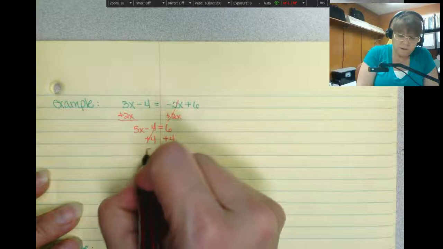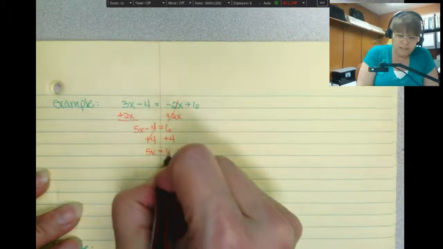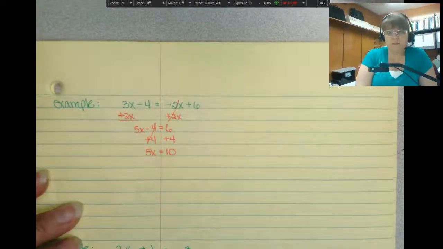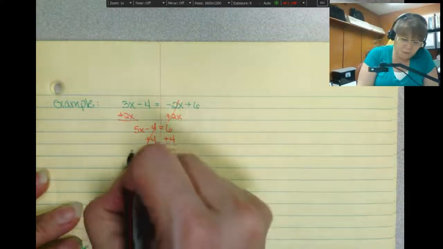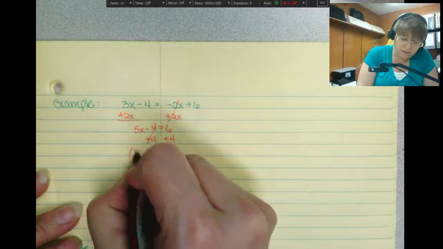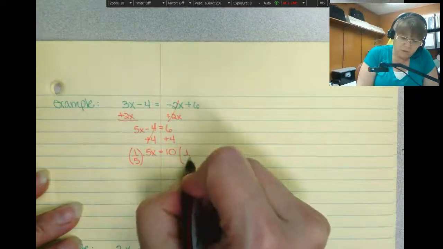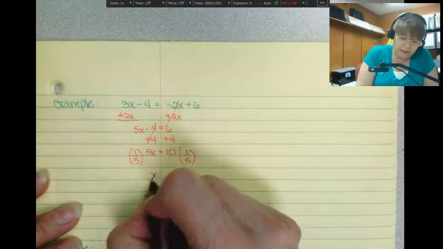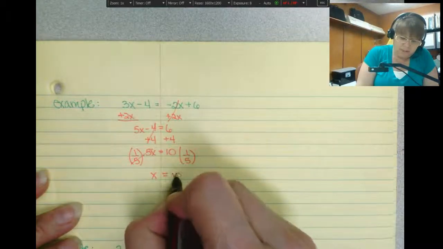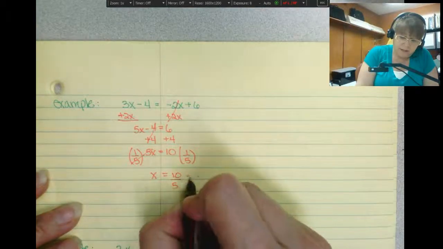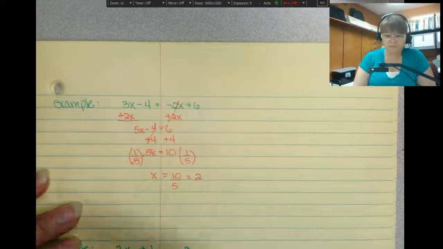I am left with 5x equals 10. And now I can use my multiplication property to multiply both sides by 1/5. X equals 10/5. That equals 2.